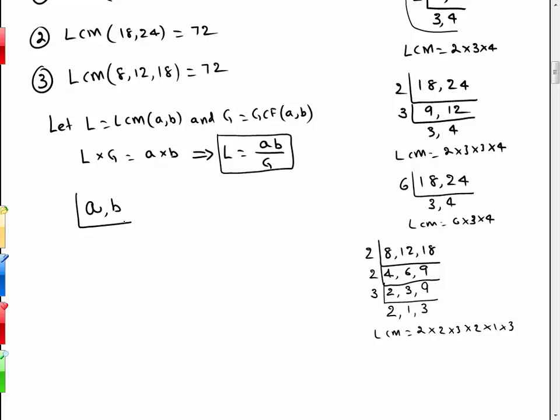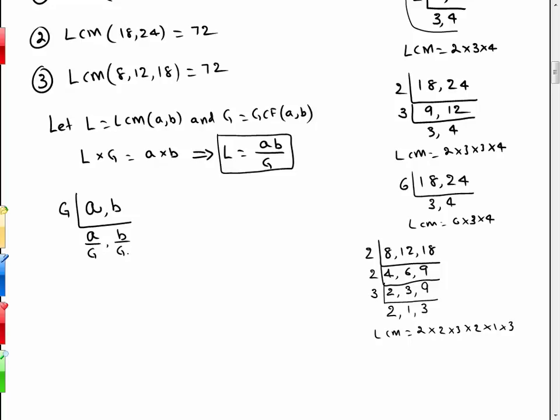It's something that goes into the numbers, right? So we divide both A and B by G. When we divide A, we get A over G, and when we divide B, we get B over G, right?